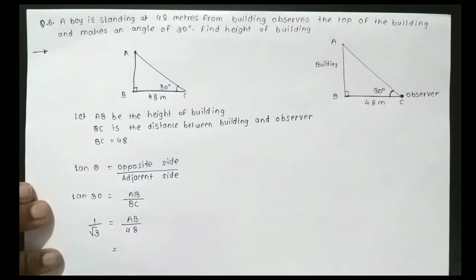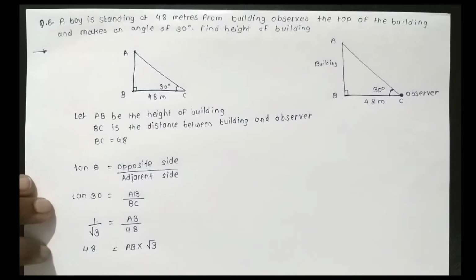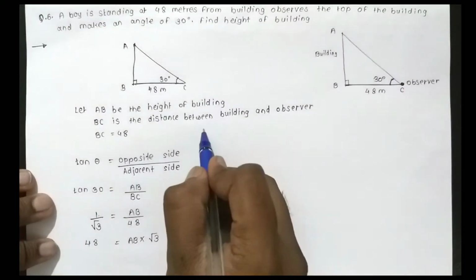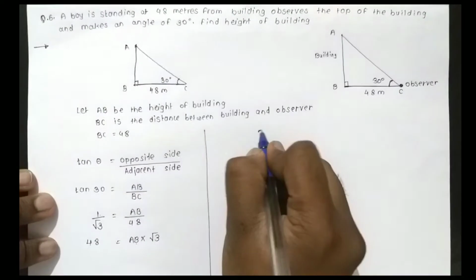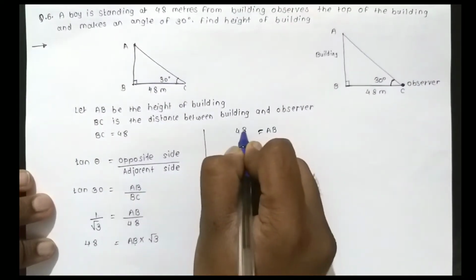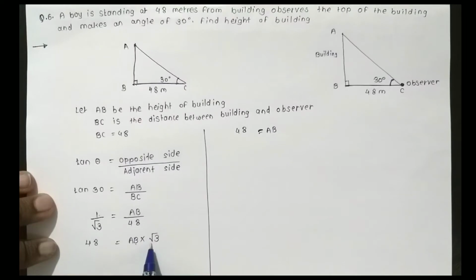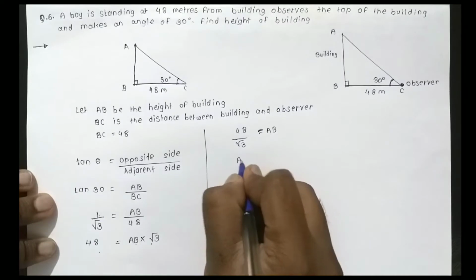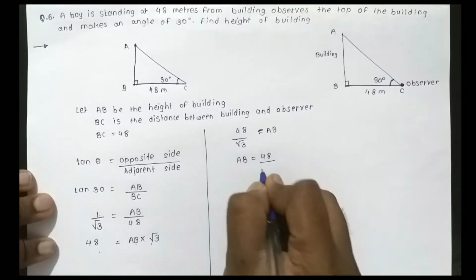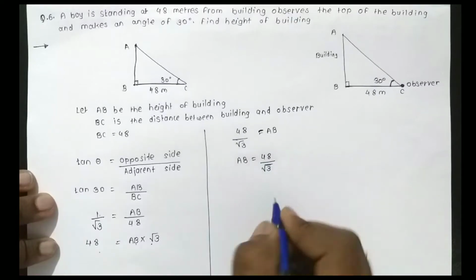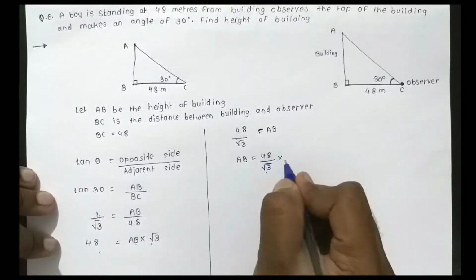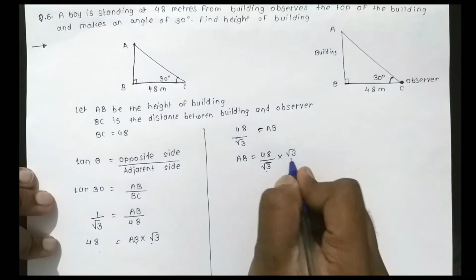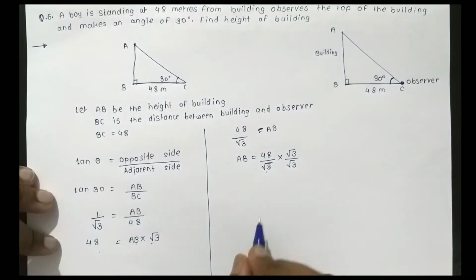Cross multiply: 48 times 1 is 48, AB multiplied by root 3. So now AB is as it is, 48 is as it is, this root 3 goes to the denominator. AB is equal to 48 upon root 3. When there is a root in the denominator, we rationalize by multiplying and dividing by the denominator.